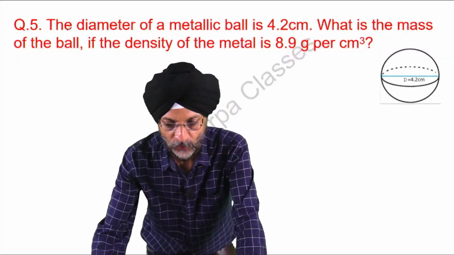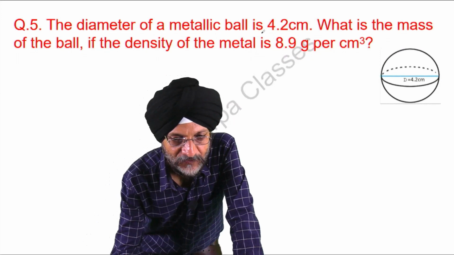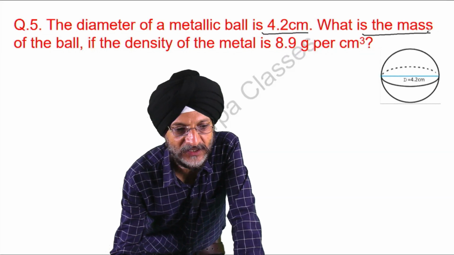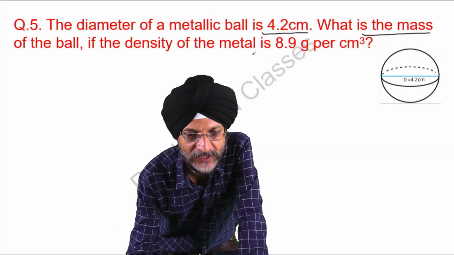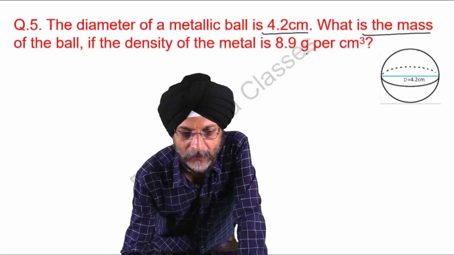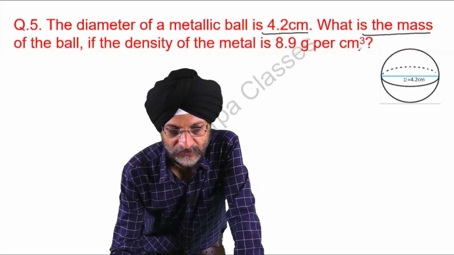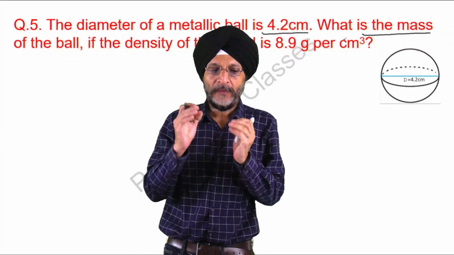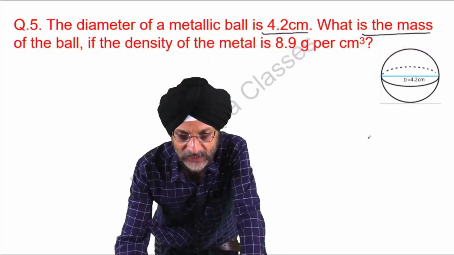Now the question before us is, the diameter of a metallic ball is 4.2 centimeter. What is the mass of the ball if the density of the metal is 8.9 gram per cubic centimeter? We know that there is a relationship between mass, density and volume. Now what is that relation?